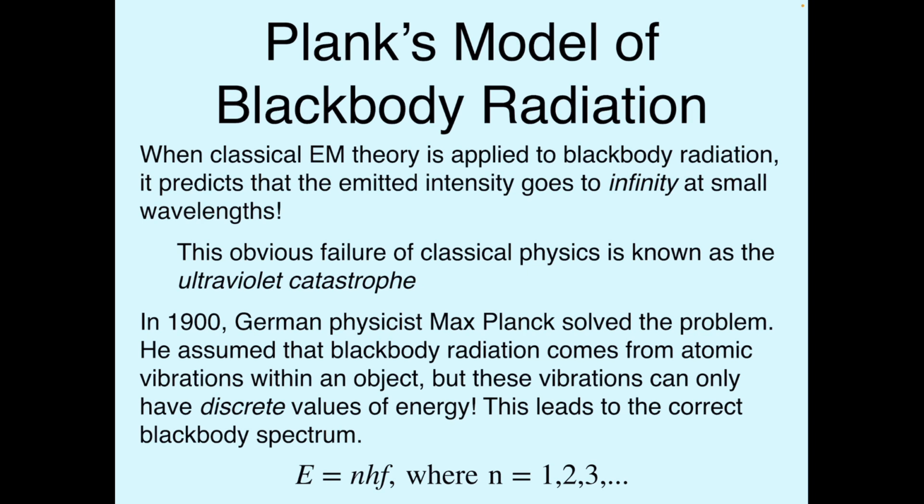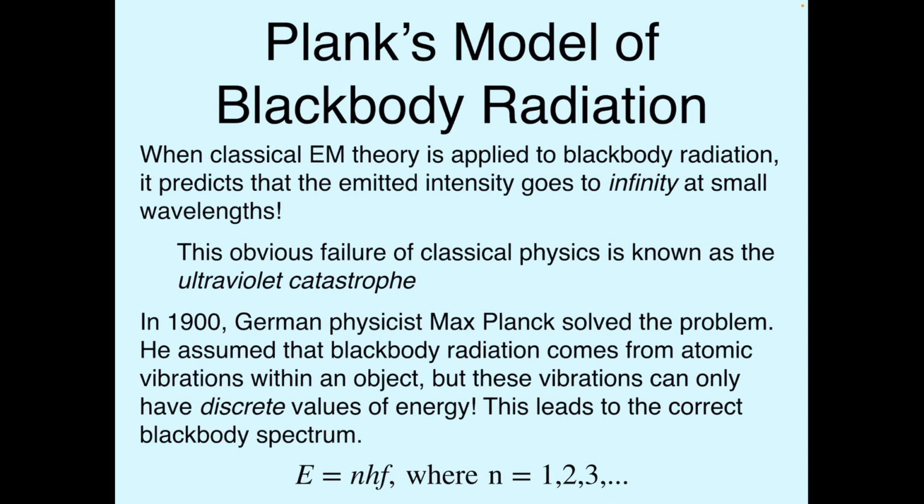So in the year 1900, there was a German physicist by the name of Max Planck who came along and solved this problem. In Planck's model of blackbody radiation, he assumed that blackbody radiation does come from atomic vibrations within an object, so vibrating atoms give off light, but he assumed that those atomic vibrations can only have discrete values of energy.